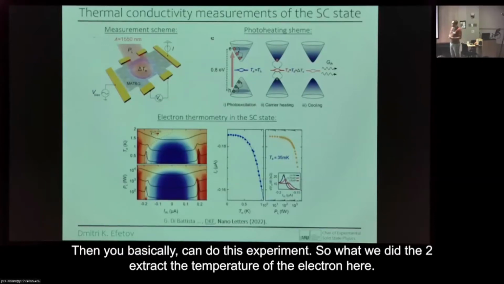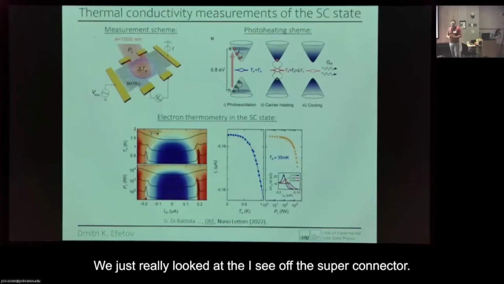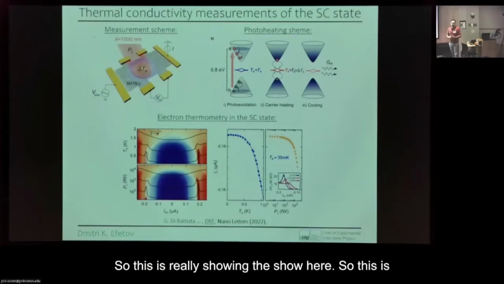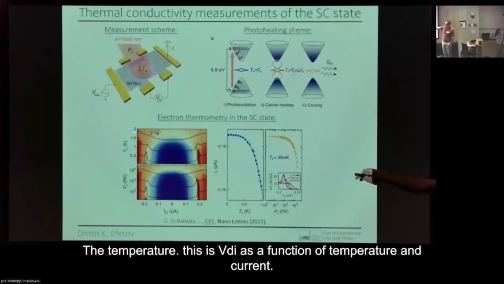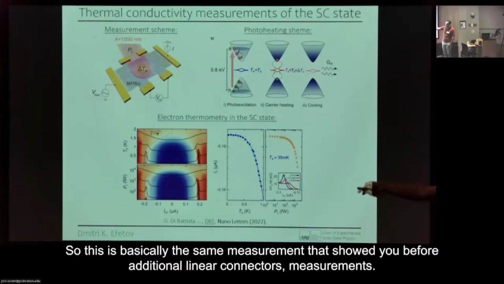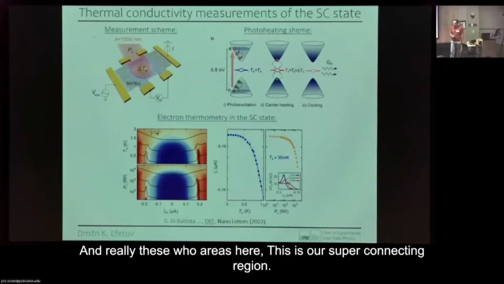To extract the temperature of the electrons, we looked at the I_c of the superconductor, and this is shown here. This is the dV/dI as a function of temperature and current. This is basically the same measurement I showed you before in the nonlinear conductance measurements.